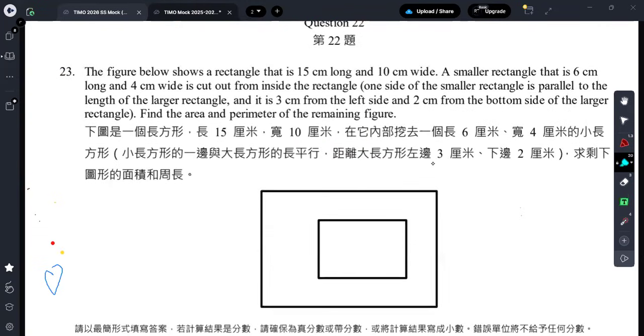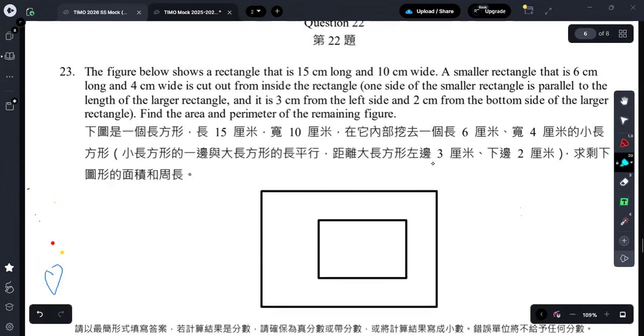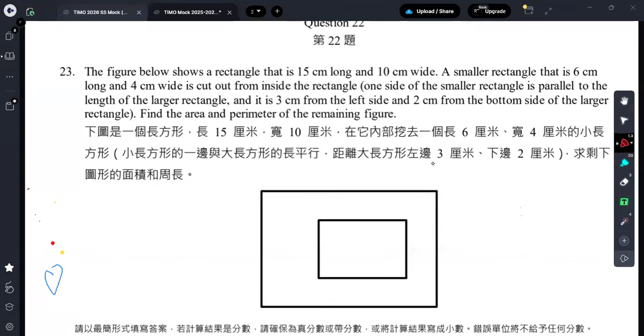Okay, 23. So from here, the figure below shows a rectangle that is 15 centimeters long. You have 15 and you have 10 here.